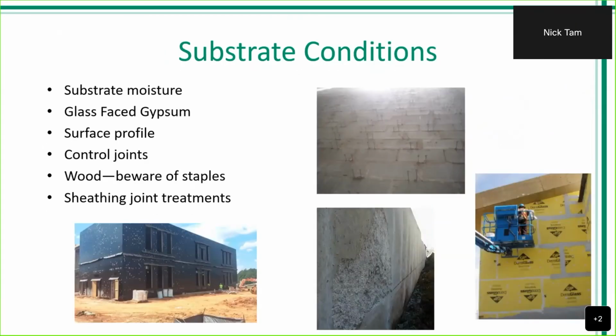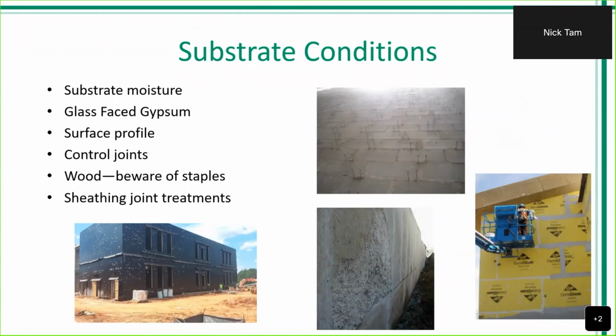And expanding a little bit more on the substrate conditions, one thing that can really alter performance of any air barrier that's installed to it is potential moisture content. When you think about concrete and CMU block, they're going to be able to absorb moisture. So if we have a big rainfall event and the moisture content is still inside of that concrete or CMU, it can actually inadvertently affect the air barrier, especially if it's fluid applied.